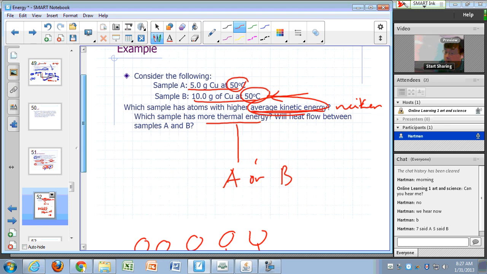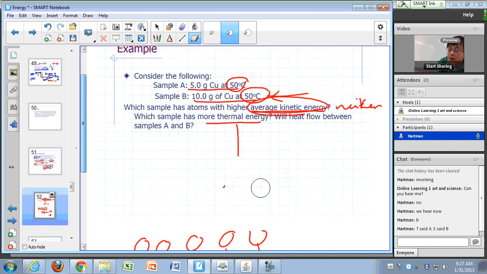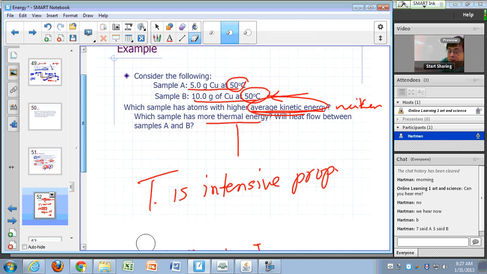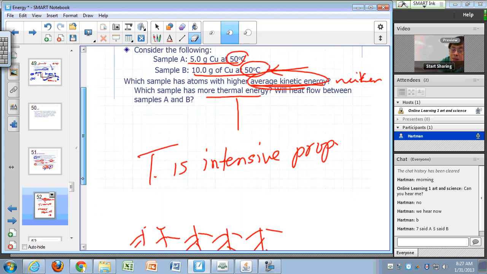It doesn't depend on how much you have, right? So that's an intensive property. Temperature is an intensive property of the system. It doesn't depend on how many atoms you have. You double the amount of sample of matter you have, you still have the same temperature.